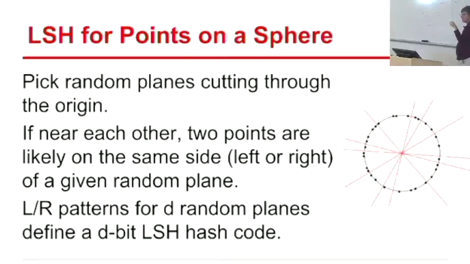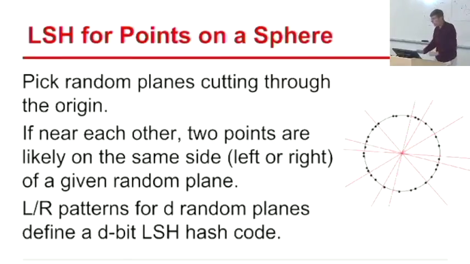And if I did this k times, I'm going to have a pattern of k bits, such that every point is represented by a string of k bits. Does everybody agree? And is it clear that if 2 points are relatively close to each other, they are likely to end up with the same hash code?